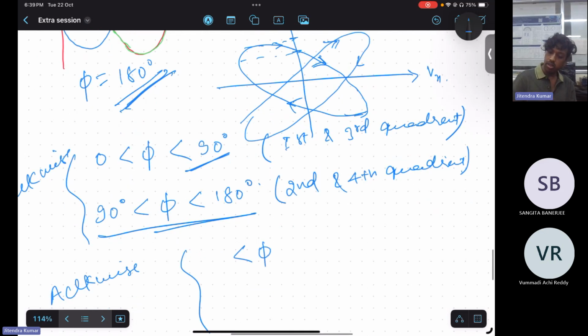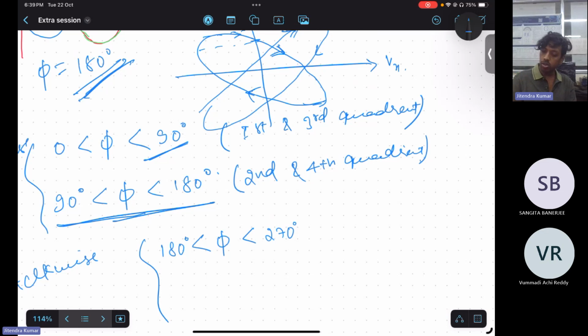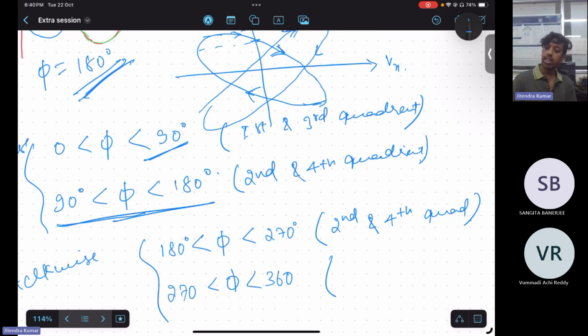If the phase moves to 180 to 270, we are talking about an ellipse only, right? Then the quadrant will still be second and fourth. And if phi lies between 270 to 360, then it will again be first and third. So now we know all the cases.